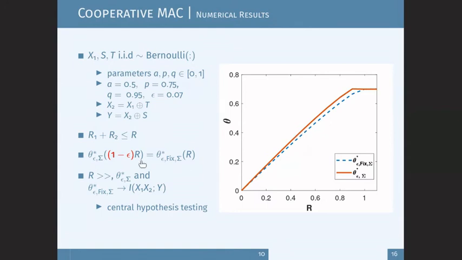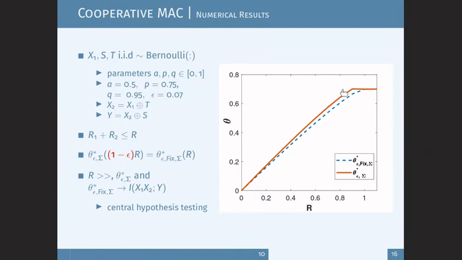So actually, as we said theoretically, for example, if we choose R equal to 0.6, then almost 1 minus epsilon R will be here for epsilon equals 0.07. We can see that it is equal, if we take a small shift here, to the error exponent at greater rate for the fixed length, which we call the 1 minus epsilon factor gain.